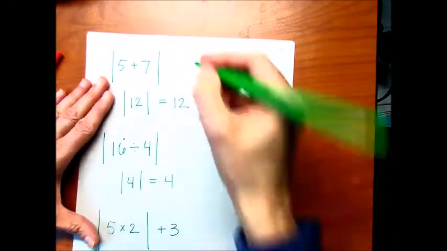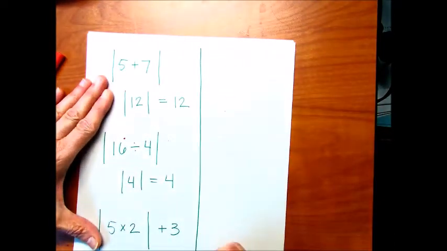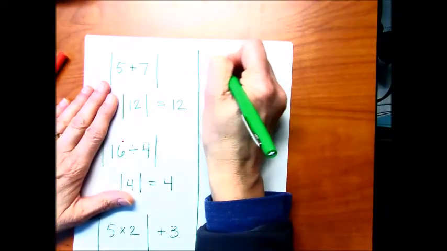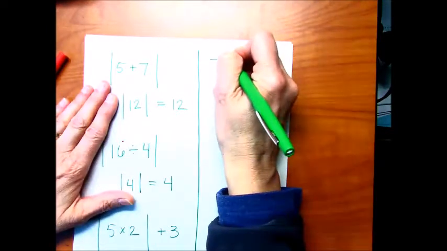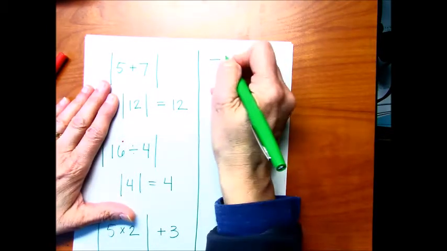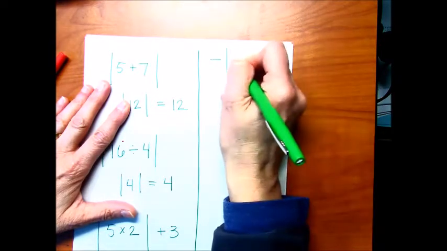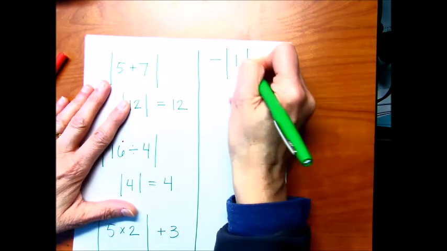Now let's go ahead and do one more type of problem that you're likely to see. You might have a negative absolute value. So the negative sign is going to be on the outside, and then your absolute value will be written. So say we have the negative of the absolute value of 1.